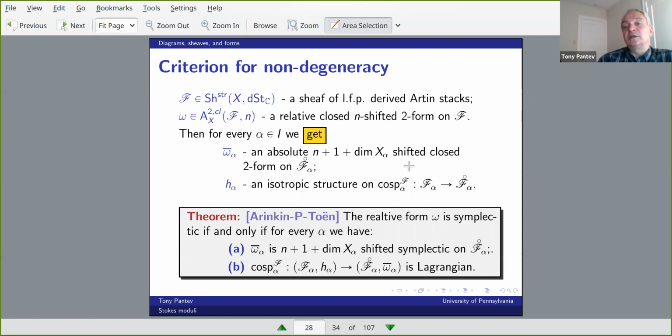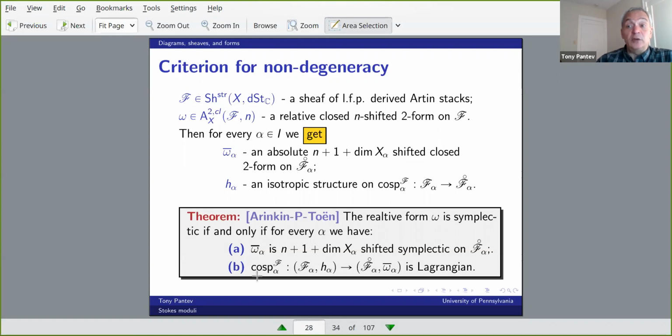Well, it's a shifted closed 2 form, the thing that corresponds to any closed 2 form. And you get an isotropic structure for that shifted closed 2 form. So that just comes out from the combinatorics. And then the theorem is that the relative form is symplectic if and only if the form on the nearby cycles for each stratum is symplectic, and the co-specialization map is Lagrangian for each stratum.